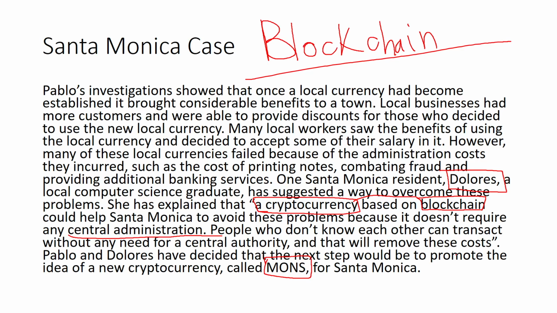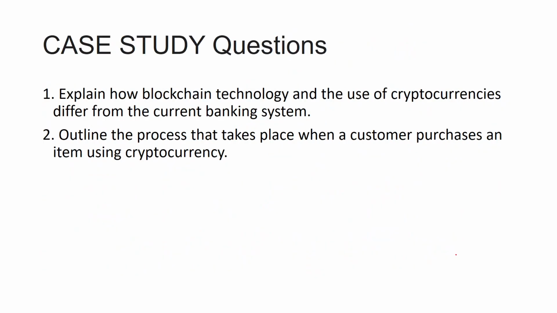But right now let's check the case study questions that we have already been provided by the IB in the case scenario. So the first question is: explain how blockchain technology and the use of cryptocurrencies differ from the current banking system. This question is just for you as homework. You can Google the blockchain technology, how to switch from a local banking system to the blockchain technology, and the cryptocurrency.